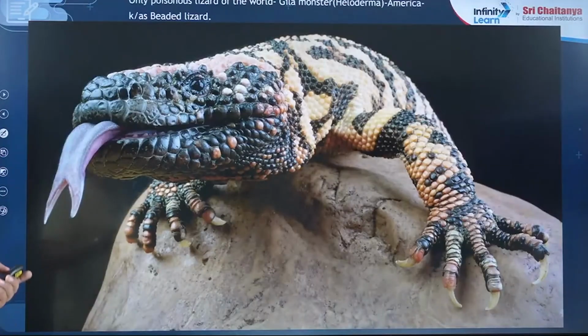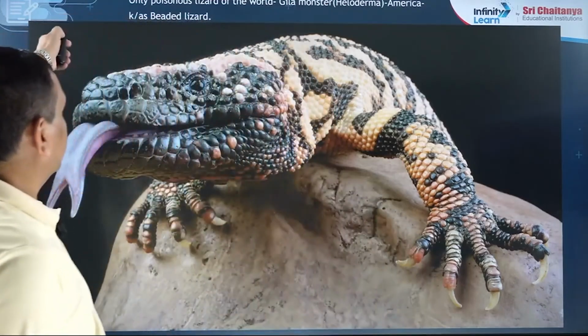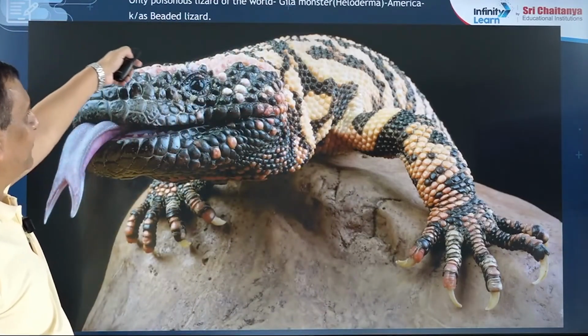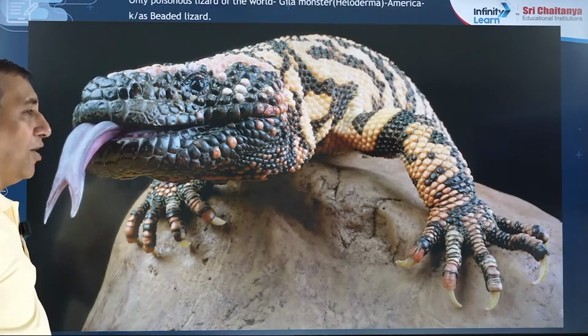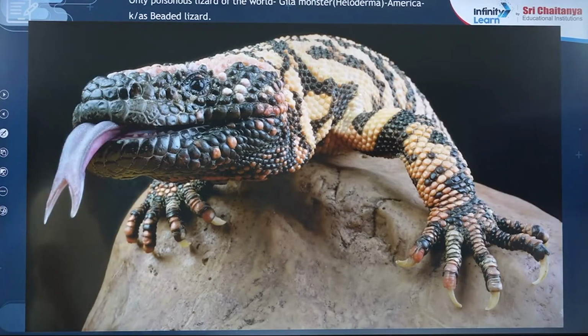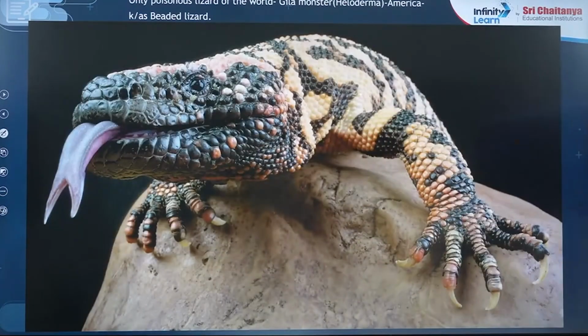There are so many lizards, and we think that lizards are poisonous. No. Lizards are not poisonous. There is only one poisonous lizard, found in America, known as the Gila monster. Anaconda is a non-poisonous snake, beta.